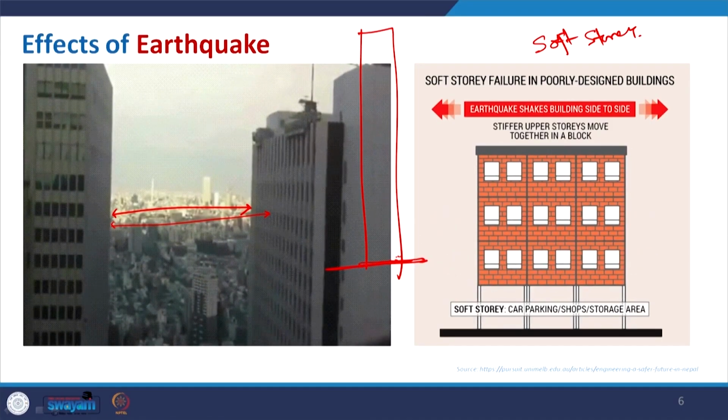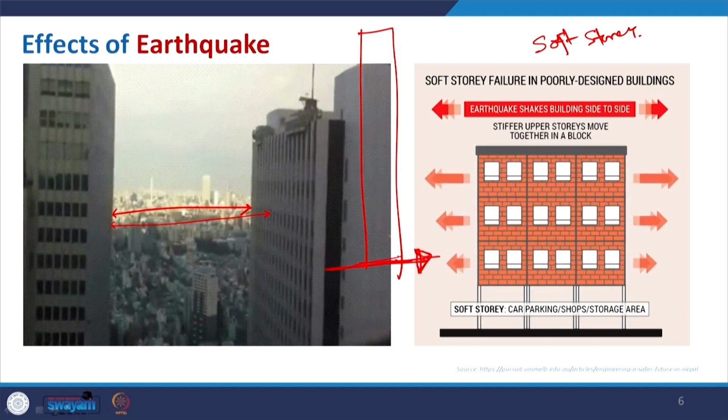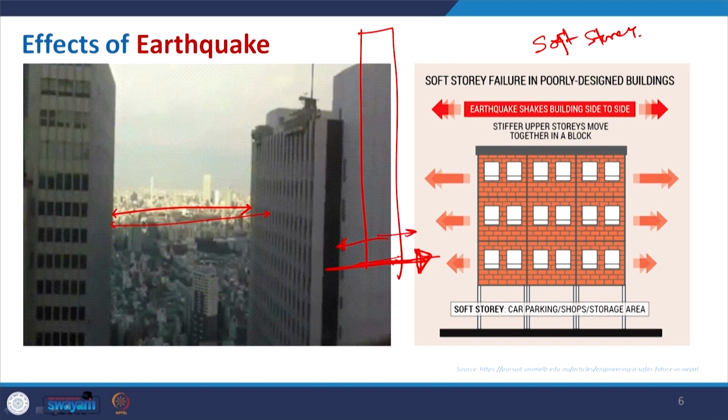When this surface tries to move with the direction of the earthquake, the building resists through inertia to move in this direction. Then the moment the wave propagates, it tries to move in this direction and then return back. So it creates a wave and there is shaking, left, right, and forward, backward movement. Like this it happened here, and then there is a collapse.